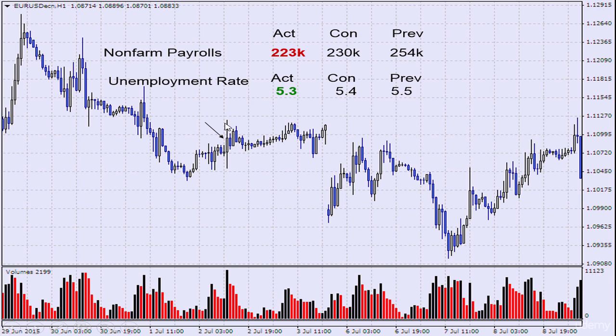So we got the news here. The non-farm payrolls and unemployment rate was released at this specific time. Market rallied, then went sideways, and then eventually fell because we had better than expected employment data. So in cases like this, the stronger economic indicator will determine the direction of the market.